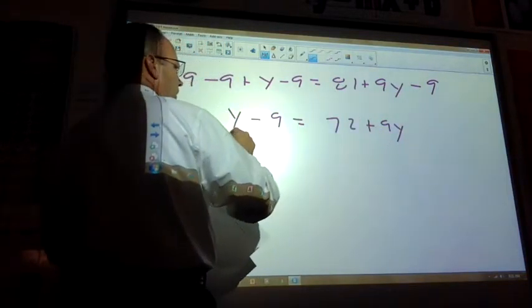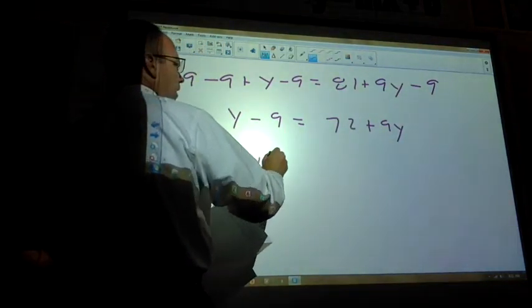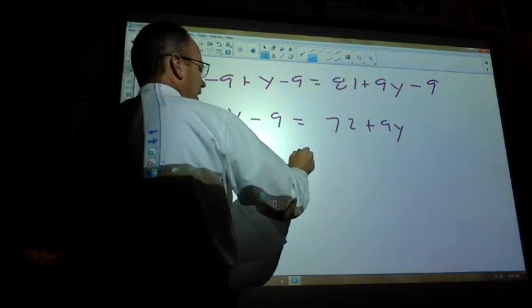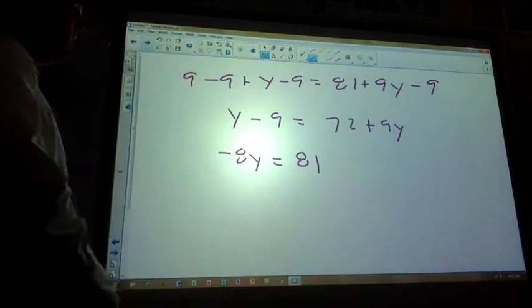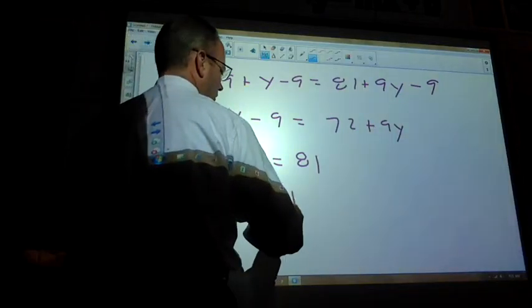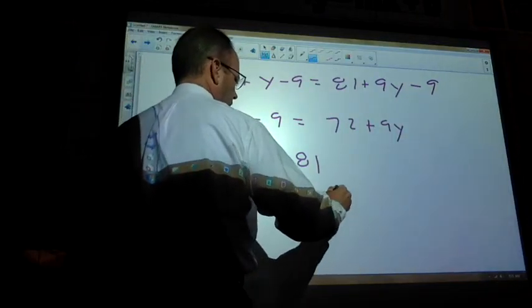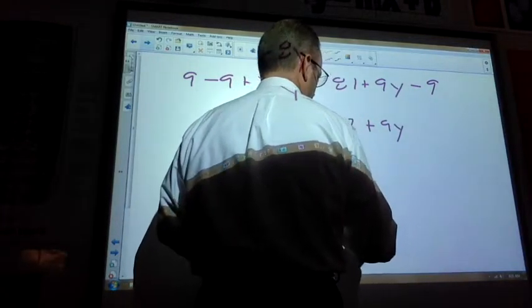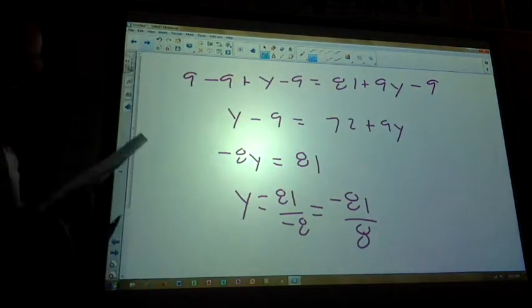So I could move the 9y over, so I get negative 8y over here equals 81. So y equals 81 over negative 8, which will not reduce. You could also have it like this. Or you could put the negative in the center of the two.